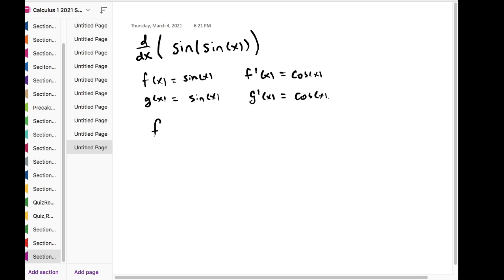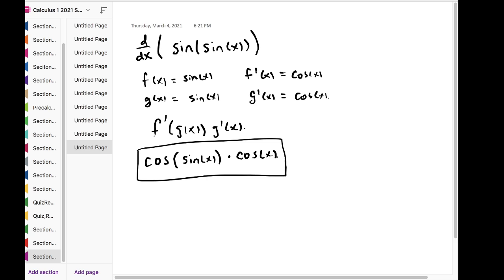So f prime of g of x, times g prime of x. f prime is cosine. And what do you plug into cosine? You plug in sine. And then you multiply by cosine. Okay. Questions about that one? Okay.